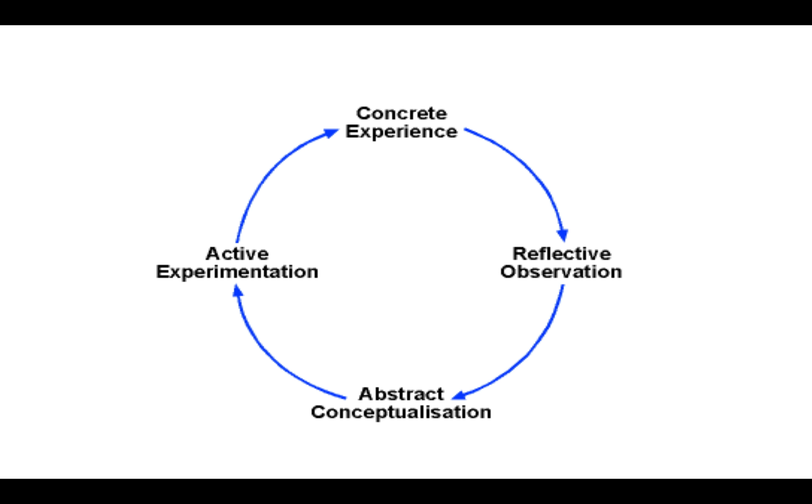So the model suggests, and action research is similarly cyclical, in that it involves us having an experience, reflecting upon it or gathering data about it, forming ideas or concepts or theories about it, and then we actively experiment, where during that stage we change something and then do it again.